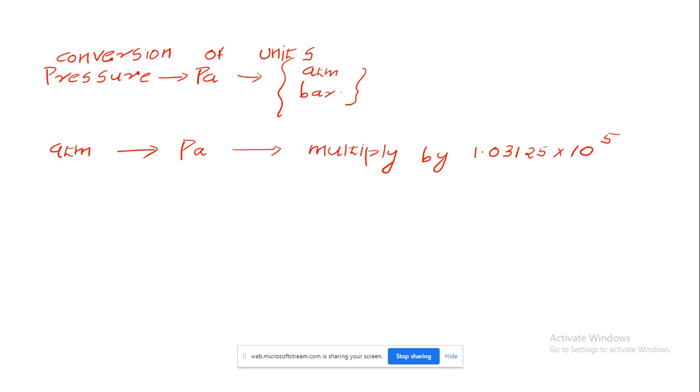For example, suppose 2 atmosphere is given. How do you convert it into Pascal? You have to multiply the quantity 2 with 1.03125 into 10 raised to 5. Is that clear?